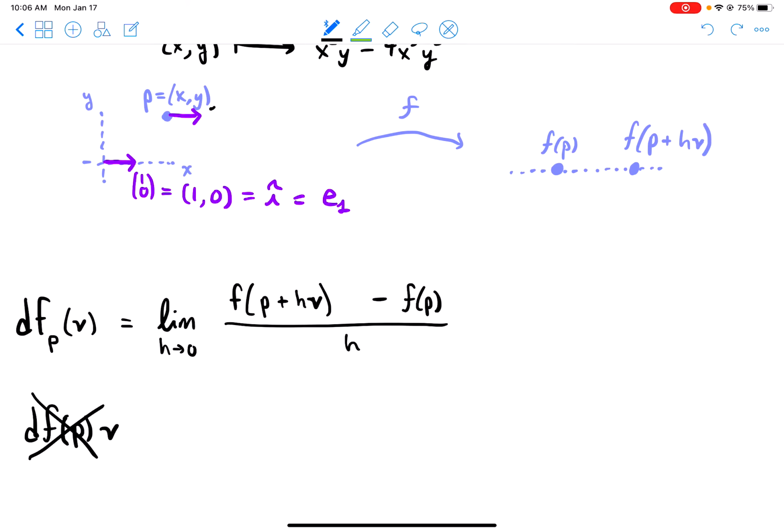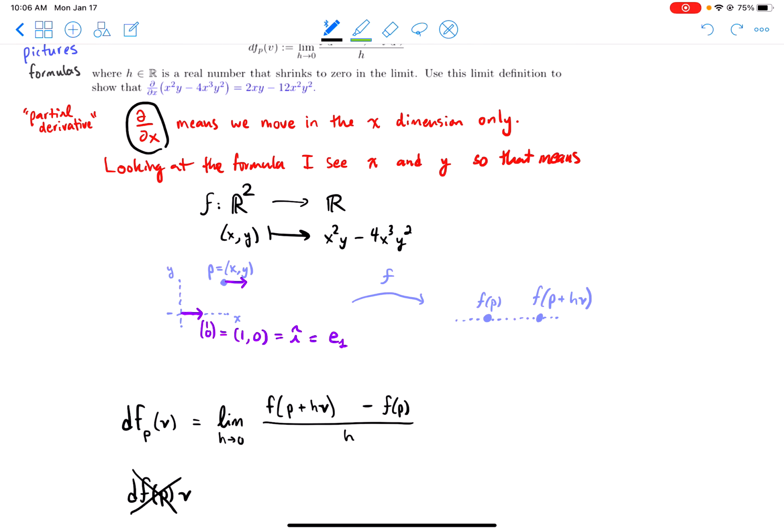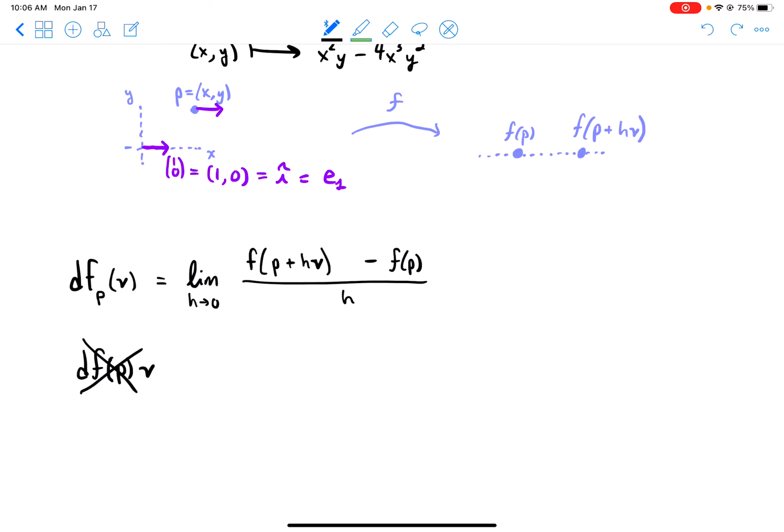Okay, our point P is x comma y. Our direction v is the simplest direction, 1 comma 0. How did I know that was the direction? That is what this symbol means. This symbol means move in that simple direction. Okay? Anyway, so let's apply this formula.